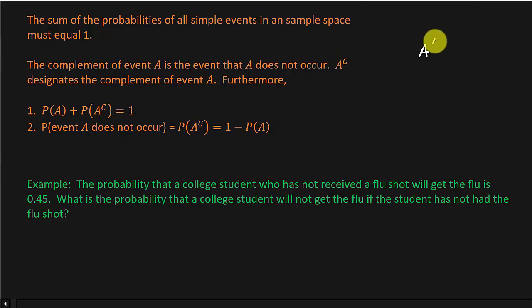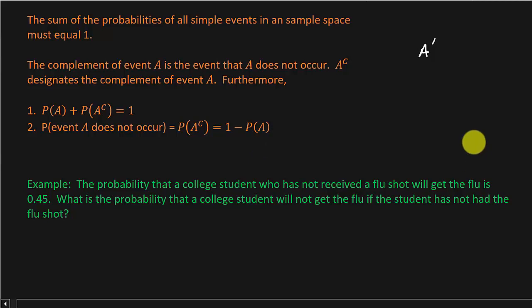Some use this little mark here as well. So if we take the probability of A plus the probability of A complement, that should equal 1. And the probability that event A does not occur is the probability of the complement of A, which is equal to 1 minus the probability of A.